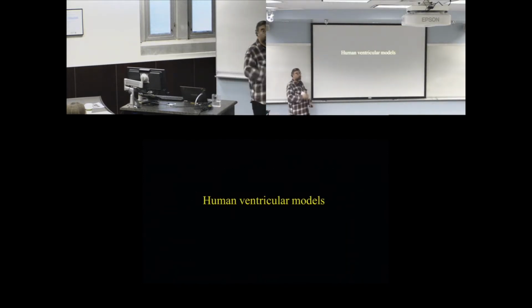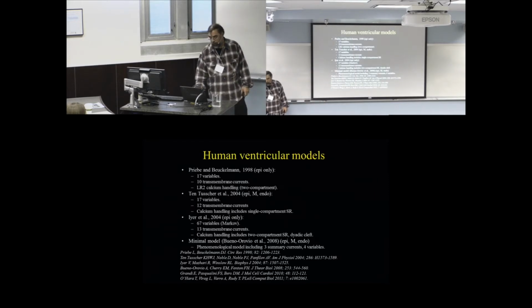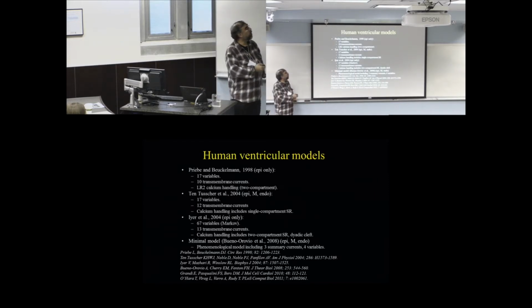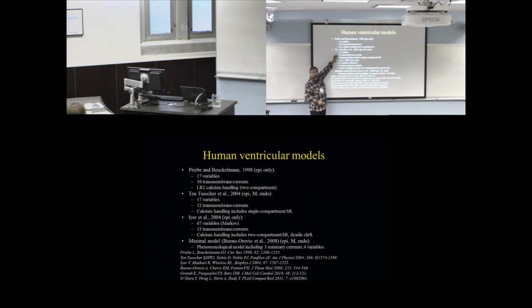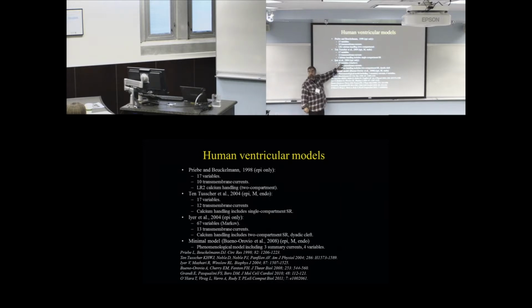For human ventricular models, there has been an explosion of models over the last few years. The first one was the Priebe-Beuckelmann model, 1998. It's 17 variables. Then ten Tusscher came out in 2004 with 17 variables. Then there's a second version of ten Tusscher 3 years later that has 24 variables, with a little better calcium dynamics. The Iyer model came in 2004, with 67 variables.